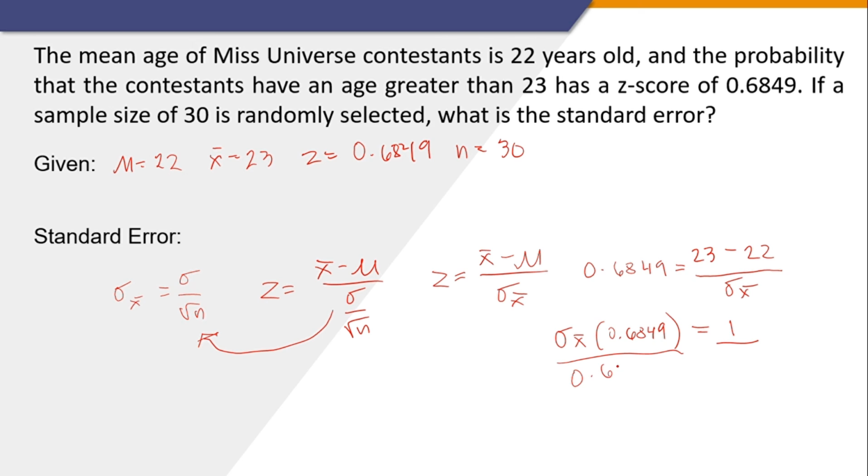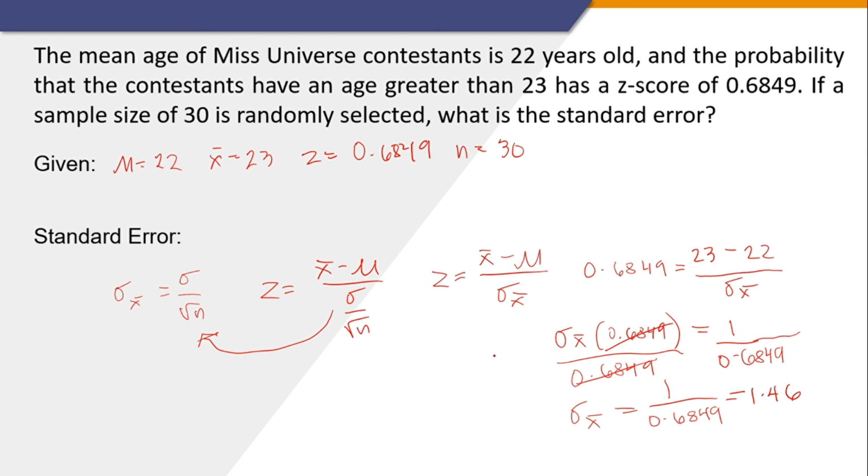So, makakancel na ito. Maiiwan is the standard error, which is equal to 1 over 0.6849. And 1 divided by 0.6849 is equal to 1.46. So, ito yung standard error. The standard error is equal to 1.46.